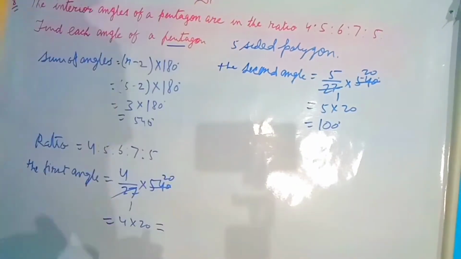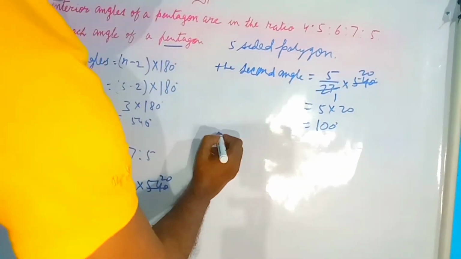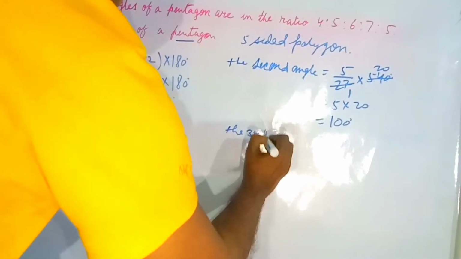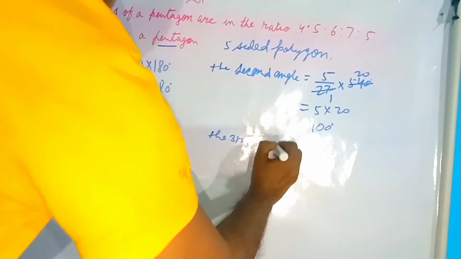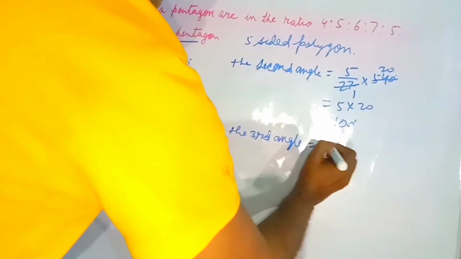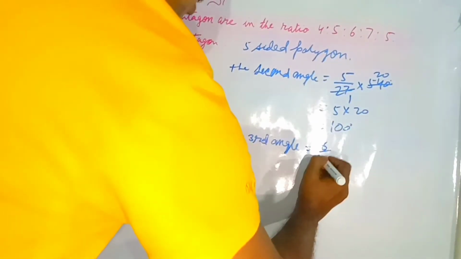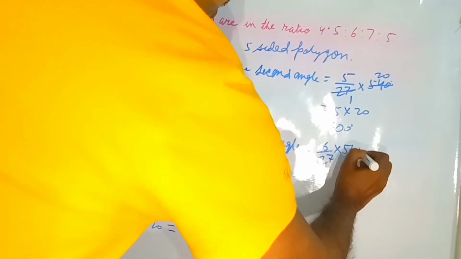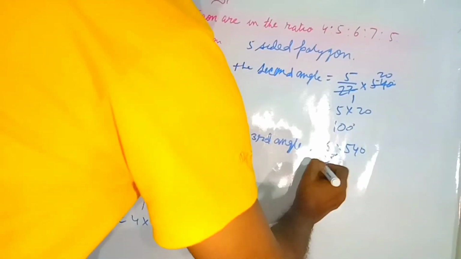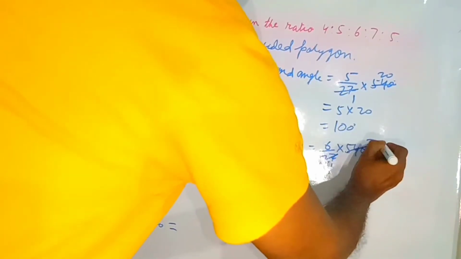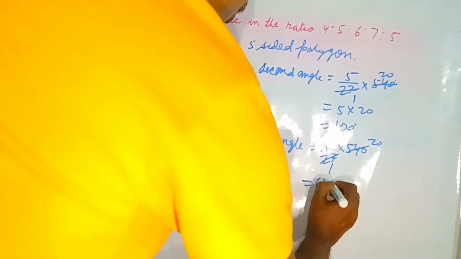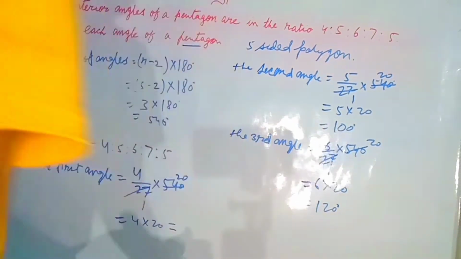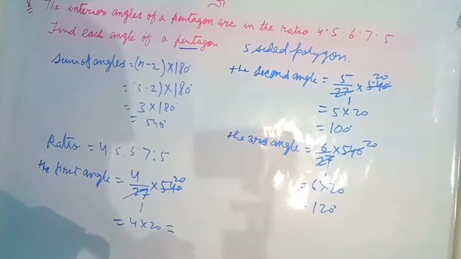So the second angle will be 100 degrees. Now the third angle is 6 by 27 into 540. Once again 27 times 1 is 27, and 27 times 20 is 540. Now we have 6 into 20, that means 120 degrees. So the third angle is 120 degrees.